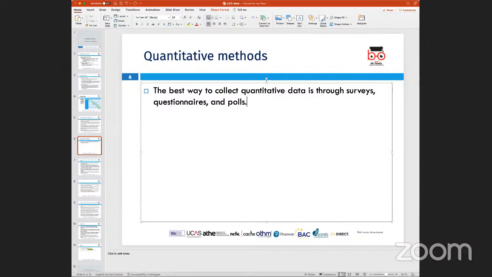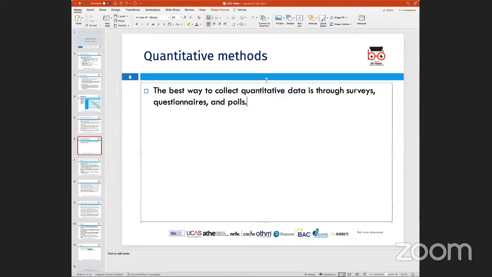And there is a bit of survey logic behind these questionnaires, polls, and surveys that we send out, because we use different kinds of scales, for example, branching, quotas, looping, and the Likert scale, and they inform how you're going to collect and interpret the data coming out of these questionnaires.